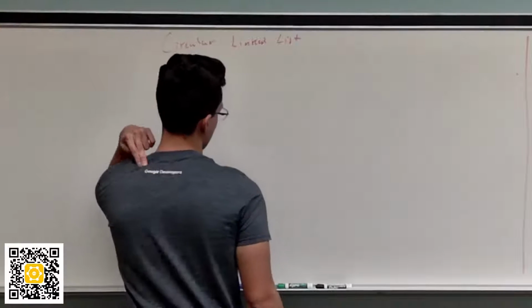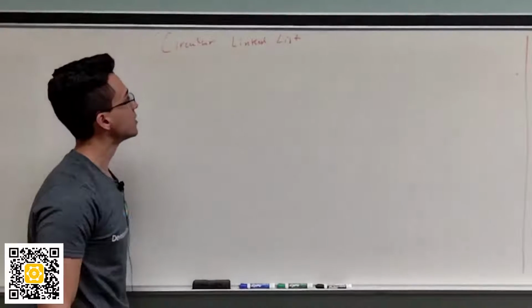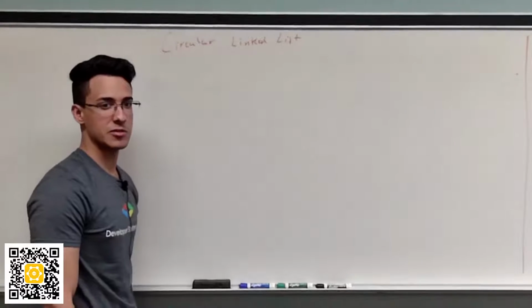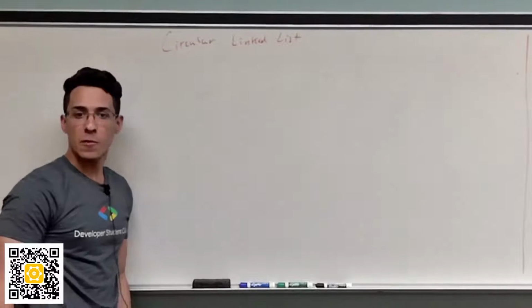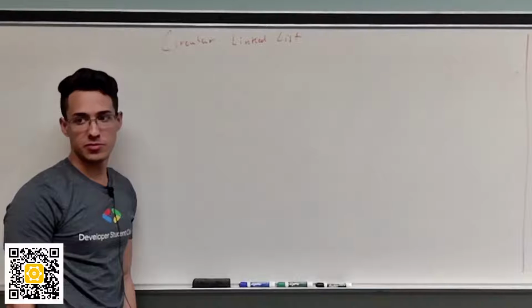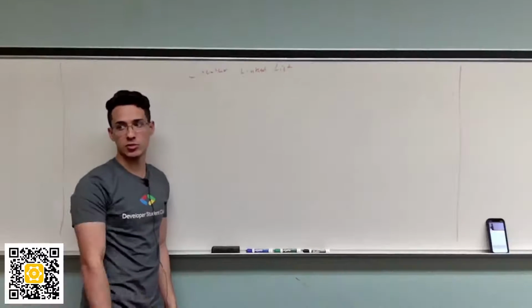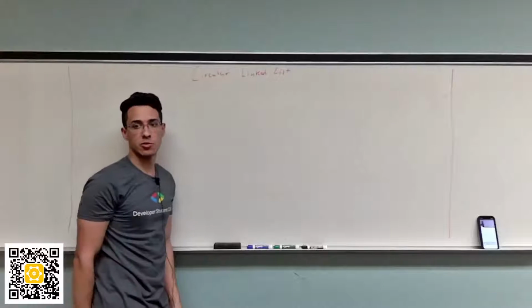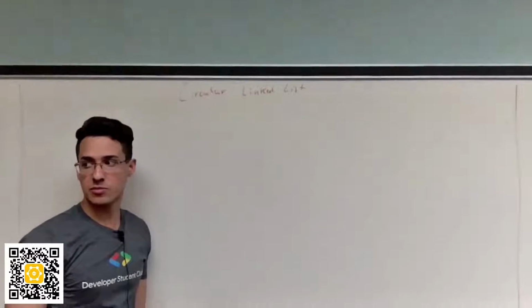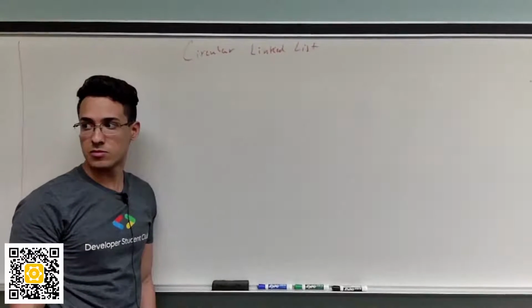Right? So what is a circular linked list? So we discussed a linked list where it's just a chain that goes in one direction. So what's circular? So the last node would point to the head.